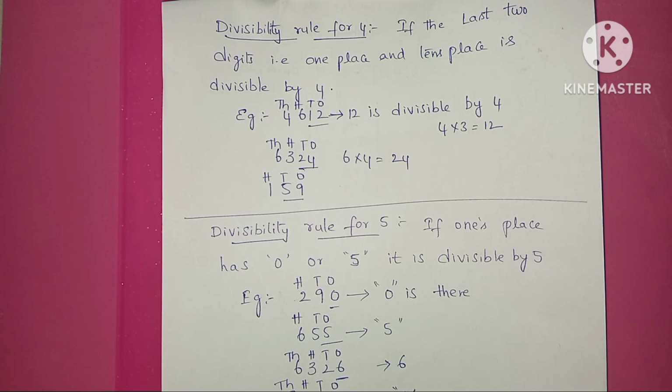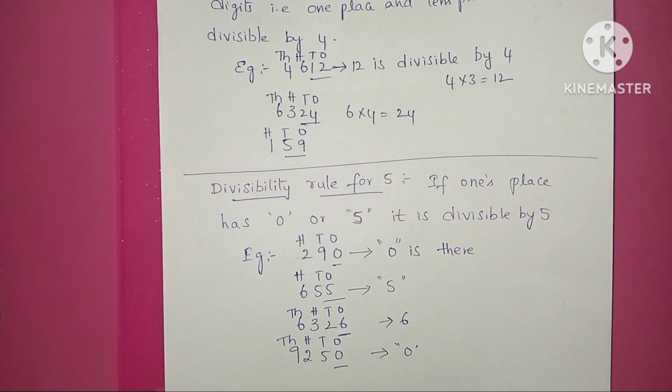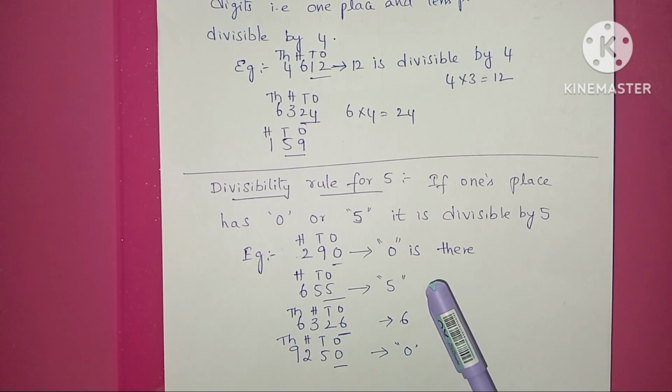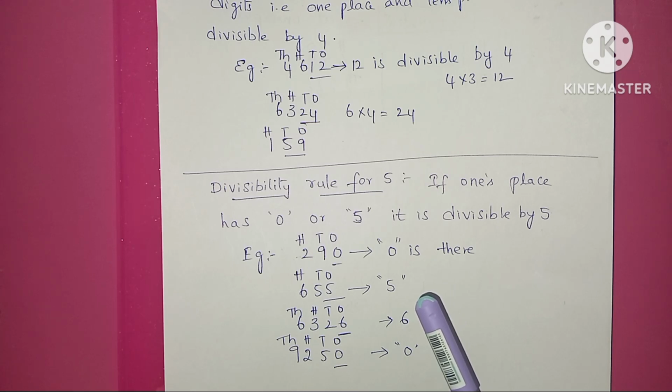So by knowing these examples, by knowing all these rules for 2, 3, 4 and 5, it is so easy to find out whether the given number, whether it is a bigger number or a smaller number, is divisible. By knowing the rule, just by looking at the number, we can decide whether it is divisible by 2 or 3 or 4 or 5.